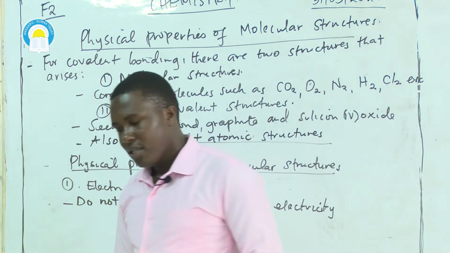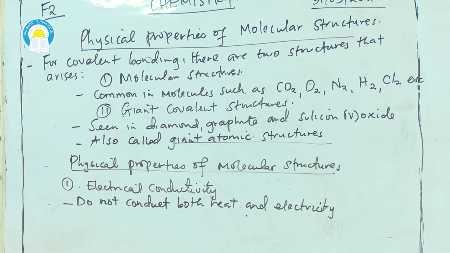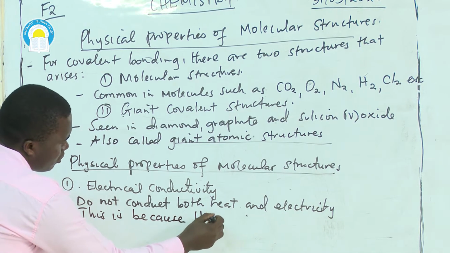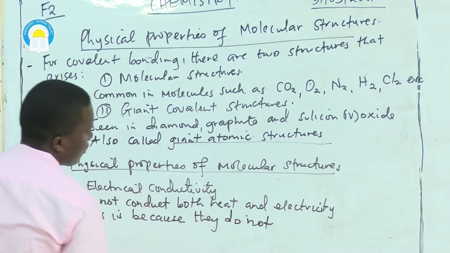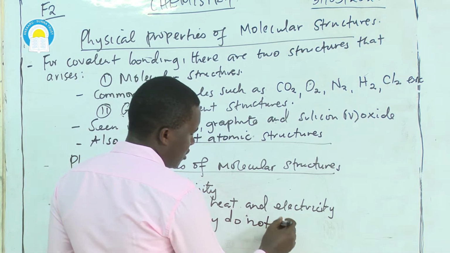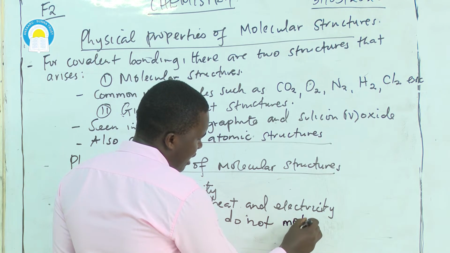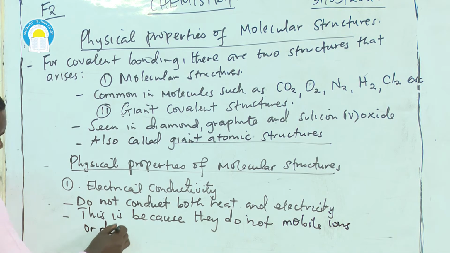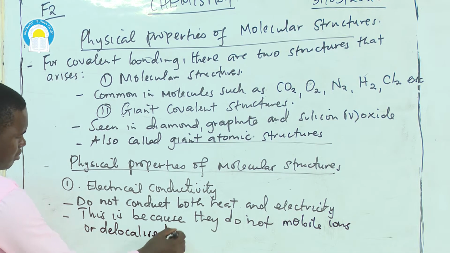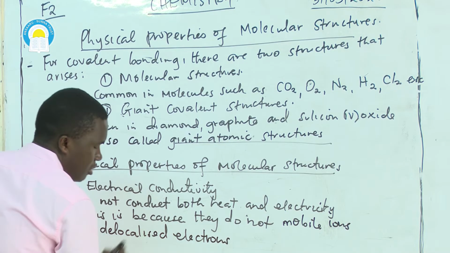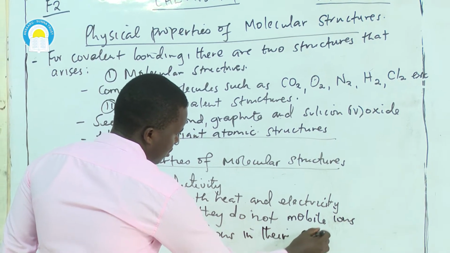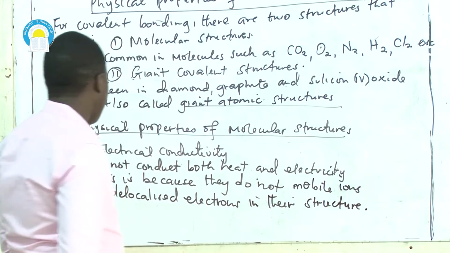So if they do not conduct, it means this substance does not have them. This is because they do not have mobile ions or delocalized electrons in their structures.